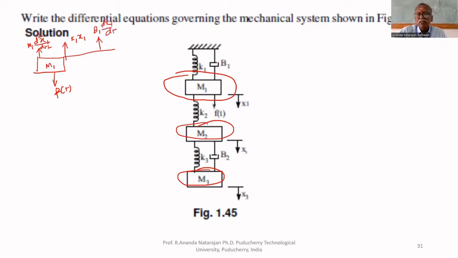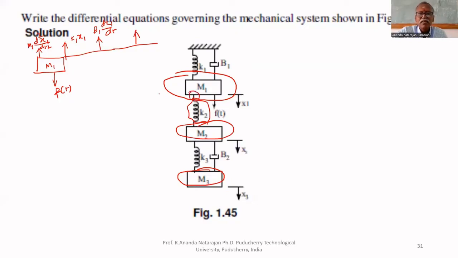One more reaction force is because of the spring K2. Both ends are free. K2 is connected between M1 and M2, that's why both ends are free.